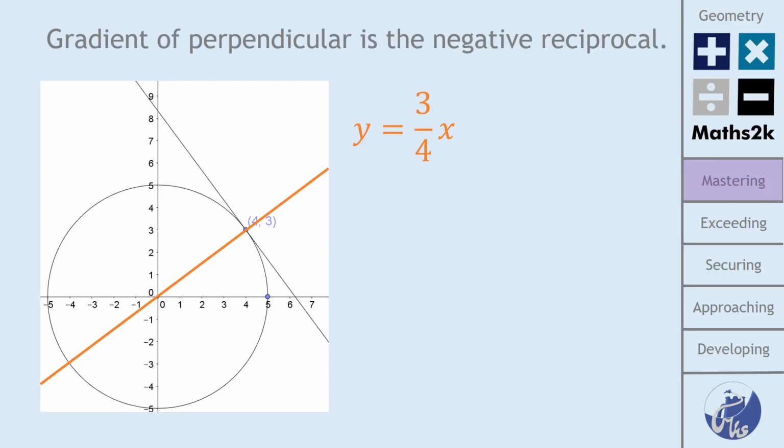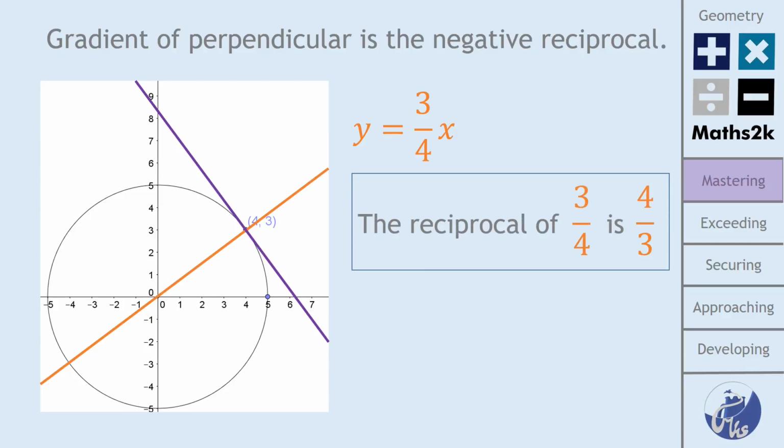So looking into this, the gradient of a perpendicular line is the negative reciprocal for the gradient of the other line. So we already know that this orange line has a gradient of 3/4. So the gradient of the line we want is the negative reciprocal of 3/4. So starting off, that purple line now, so I've just color coded it a bit, is going to have a gradient which starts off being the reciprocal of 3/4, which is 4/3.